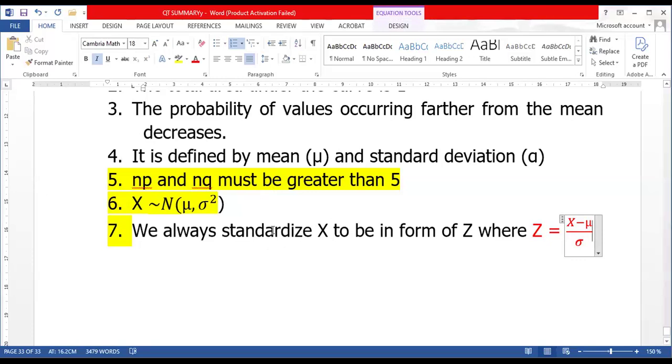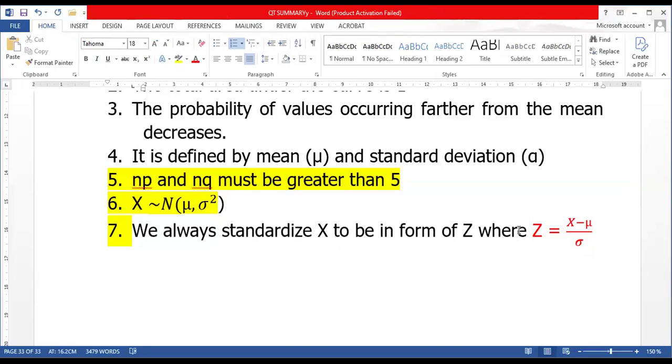And as you standardize your value of x to z, this is the formula that we are going to be using. Where you have x as, let's say, 50, you will always make sure that you standardize that figure to be in the form of z.